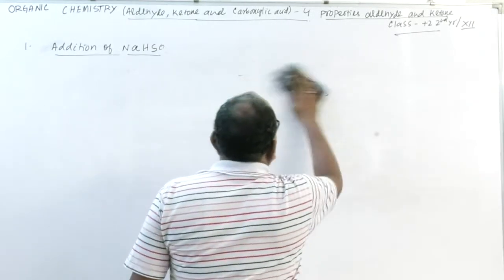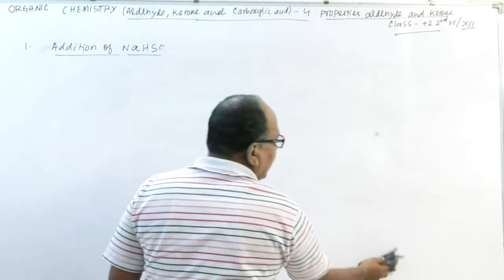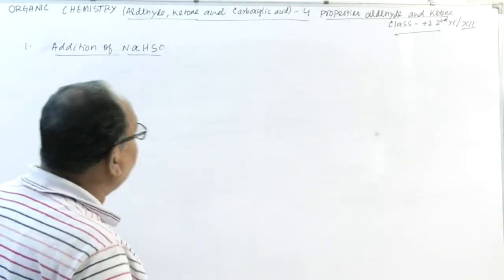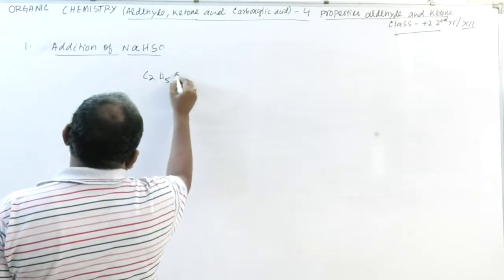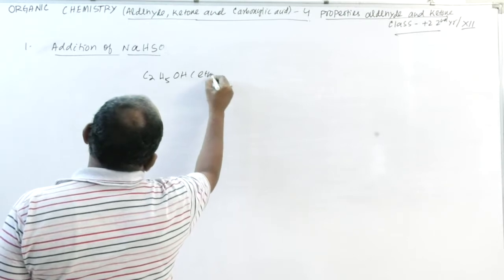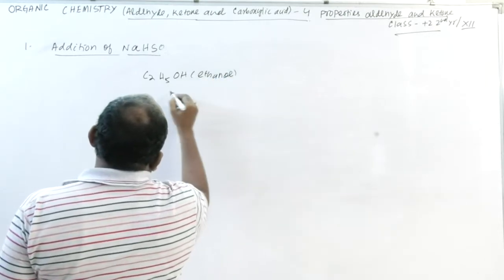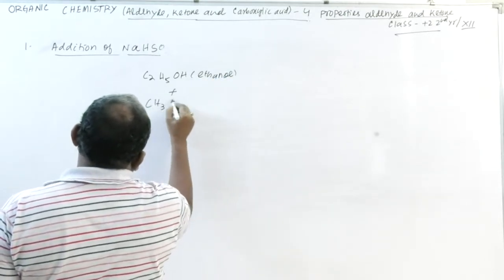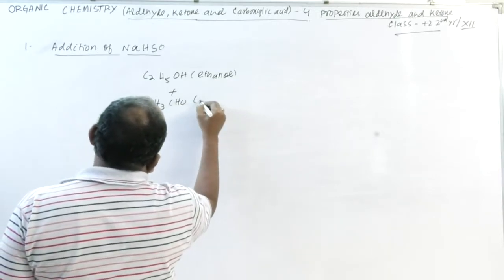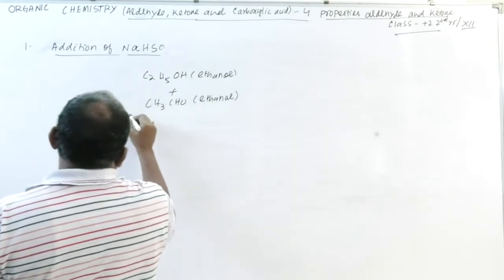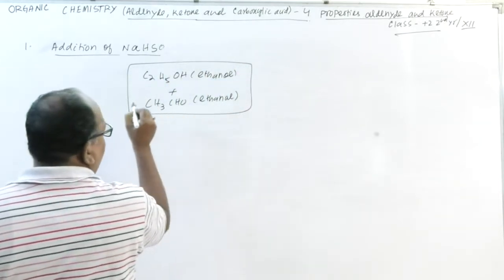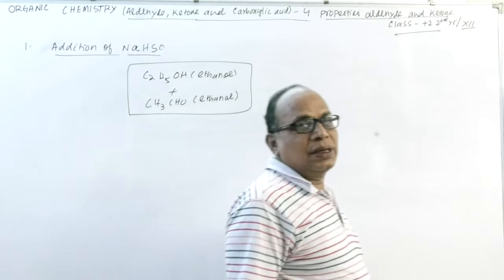Suppose a mixture containing ethanol and ethanol. How can you separate these?